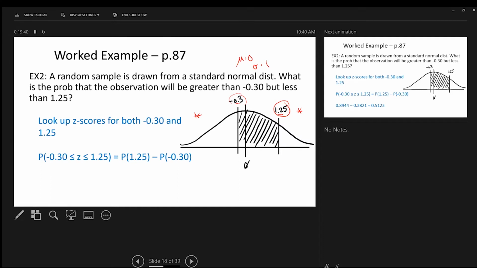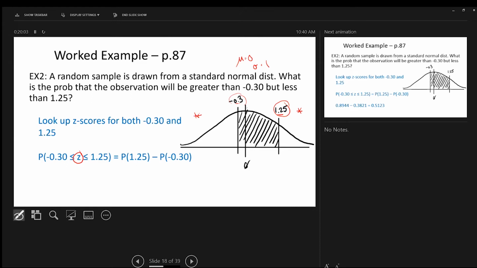And we're asking, what's the probability that a value is greater than or equal to negative 0.3, but less than or equal to 1.25? That is equal to the probability of 1.25 minus the probability of negative 0.3.